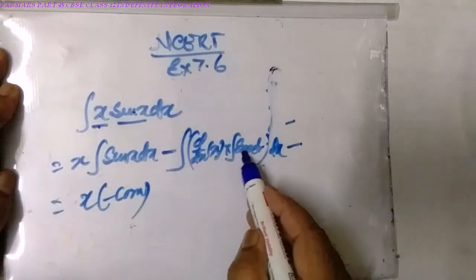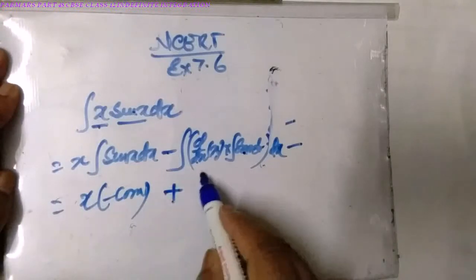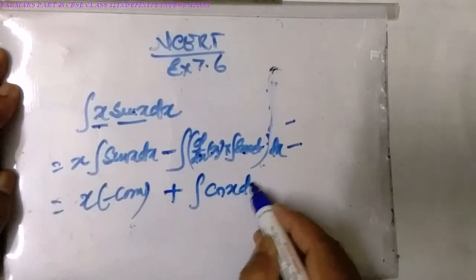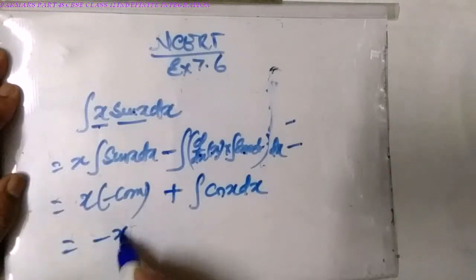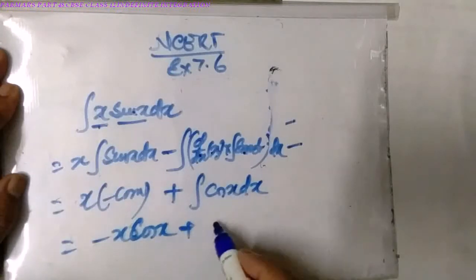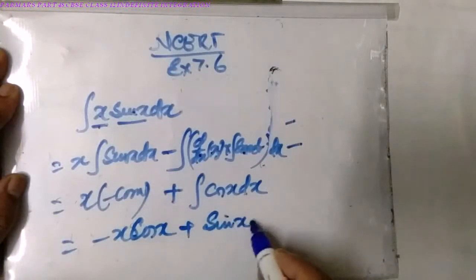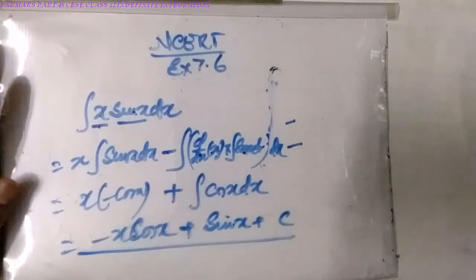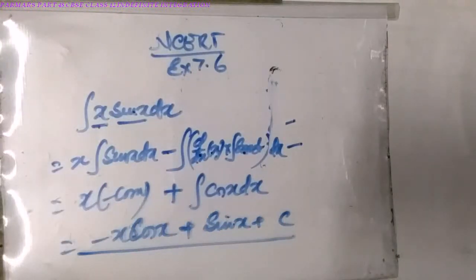Okay, minus cos x makes it plus. d/dx of x is 1, so here only cos x dx. So it is minus x cos x, and then again integration of cos x is sin x. So this question is based on what? Integrating by parts, or you can say by product rule.